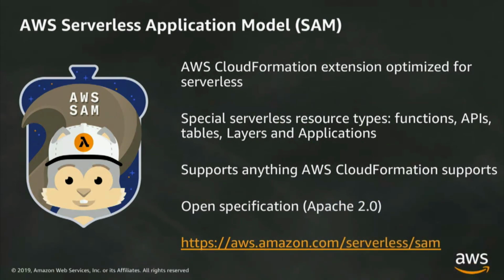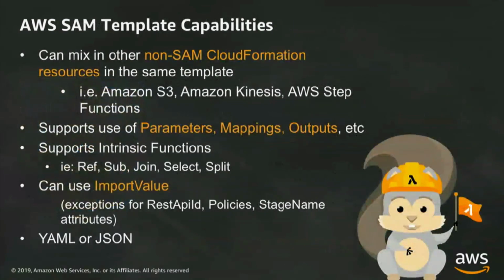You can see there's a link there, serverless/SAM. You can use a lot of the same power that CloudFormation uses. It can mix in other non-SAM CloudFormation, S3, Kinesis, things like that. It supports use of parameters, mappings, and you can use ImportValue. There are some limitations to that because it does go through a transform. And you can use YAML or JSON.